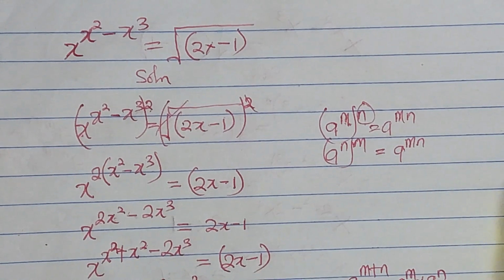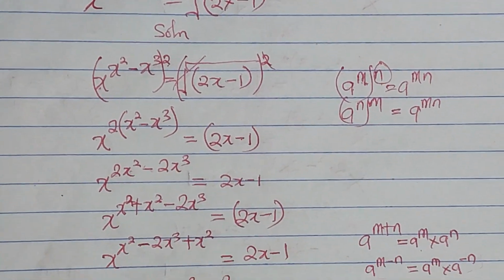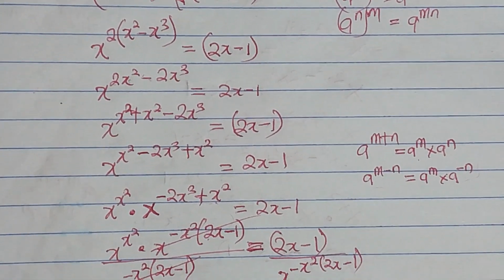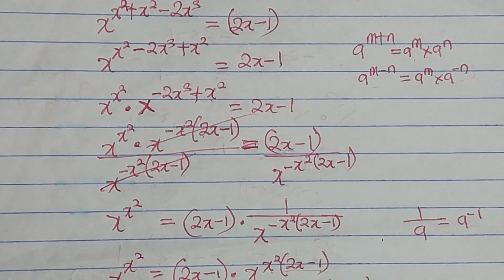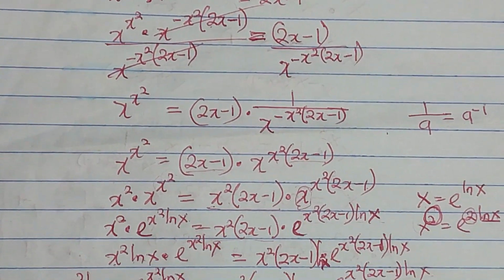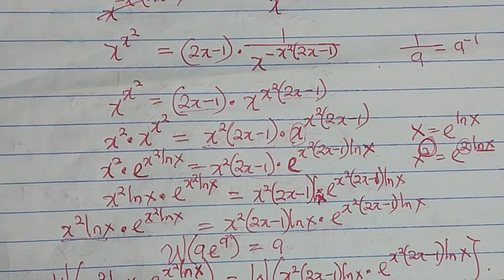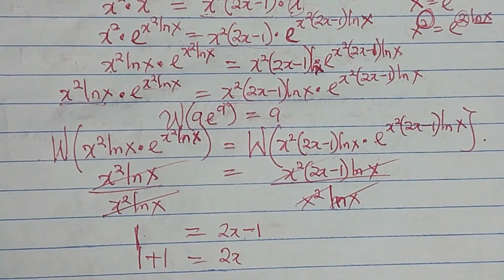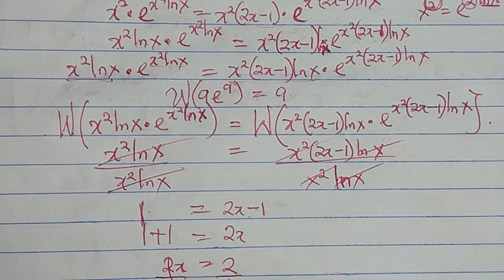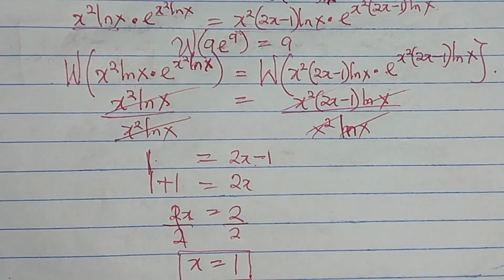And we have just determined the value of x in this equation by applying the Lambert W function. As we applied this law, we were able to determine the value of x which will satisfy this equation.